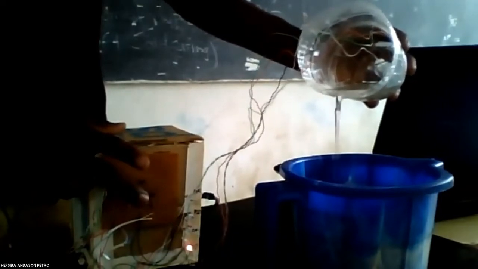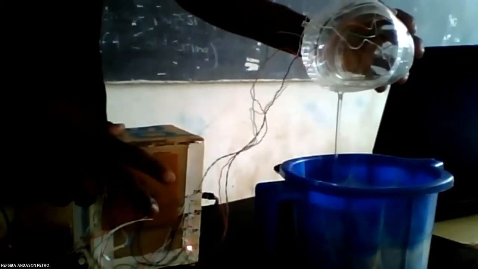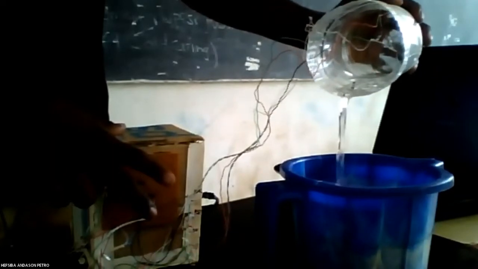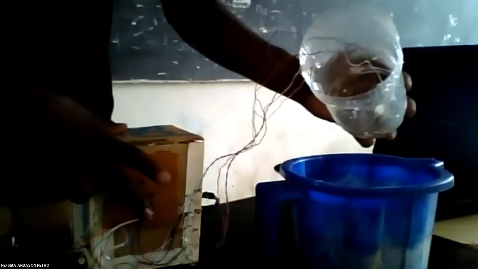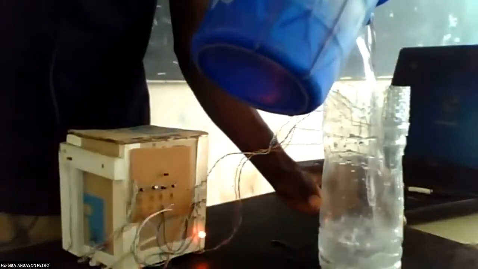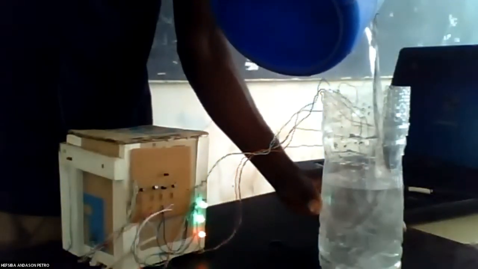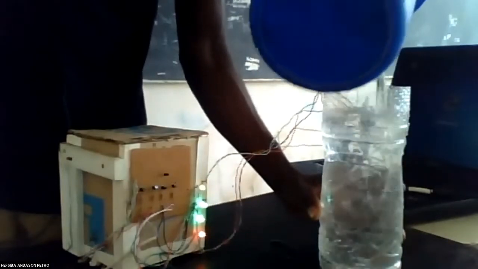When the red light-emitting diode is turned off, we determine that there is no water in our tank. That gives us another activity of adding water into our tank like this, so we see that the water is present in our tank.